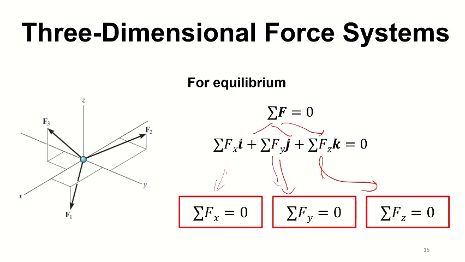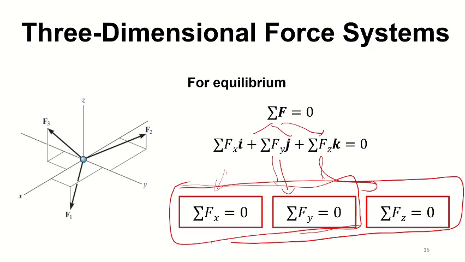In the case of coplanar forces, we have only two of these. In the case of a particle subjected to forces in 3 dimensions, we should consider all of x, y and z directions, right? So this is the equilibrium equation that you can use to solve problems in a 3 dimensional system.